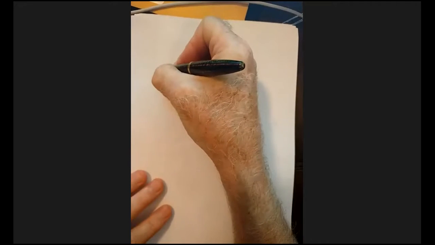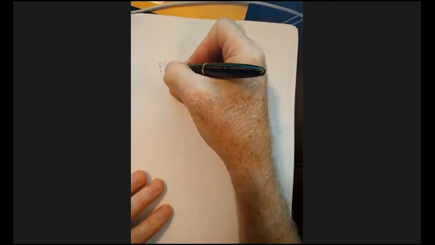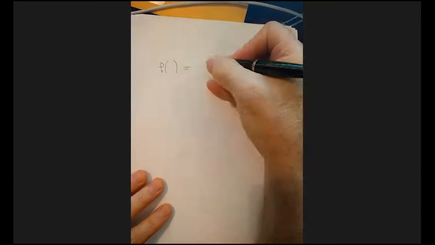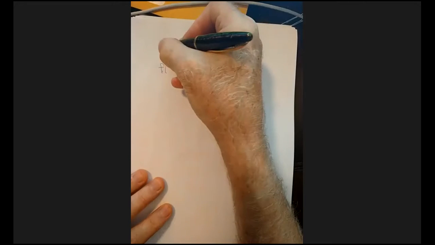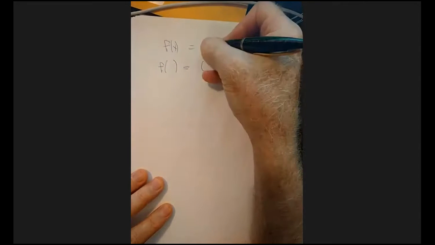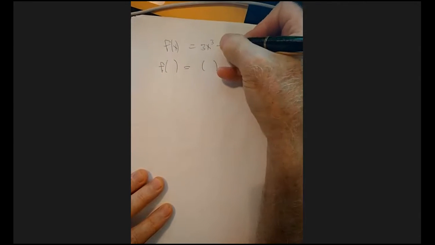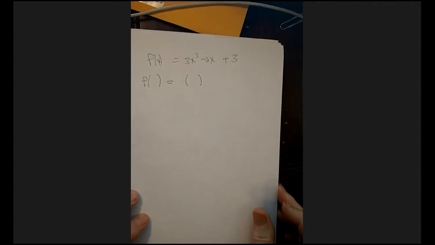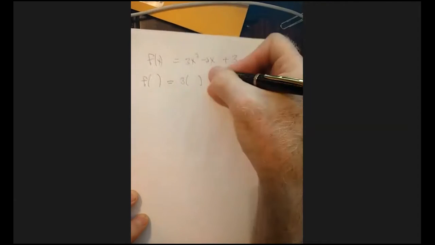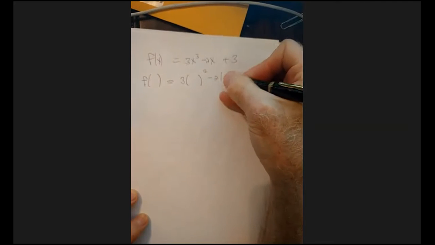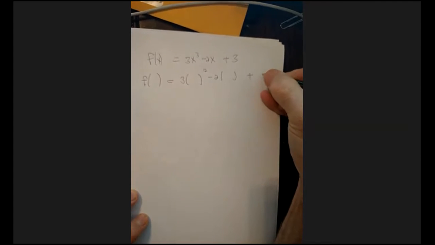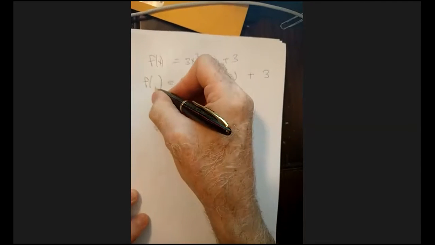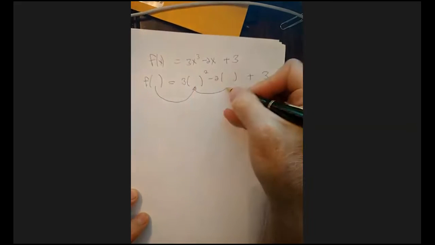So I'm just going to do an example. Here, I'll do something like this. So we have a function, and the way that I think of this is that the x is really a slot that you put stuff in. So whatever goes here also goes here and here.